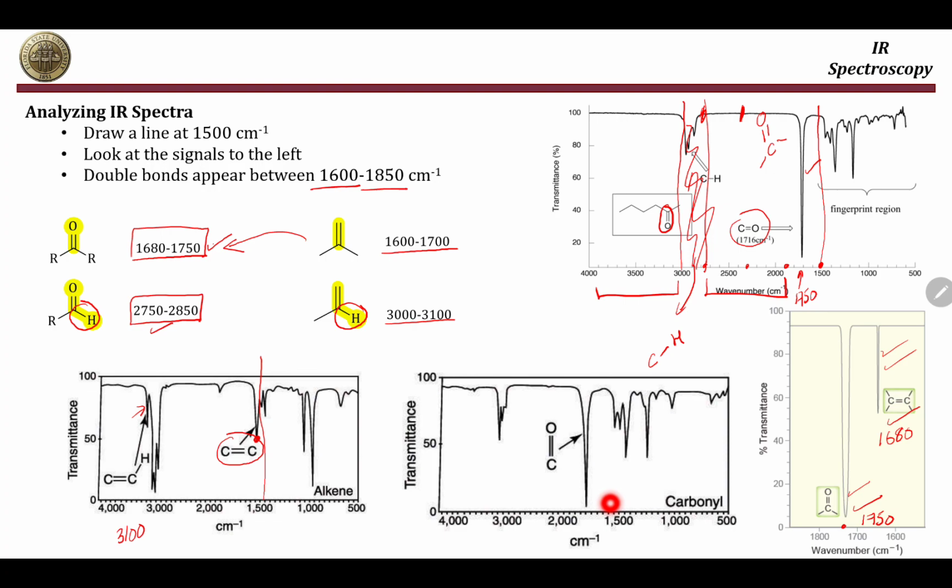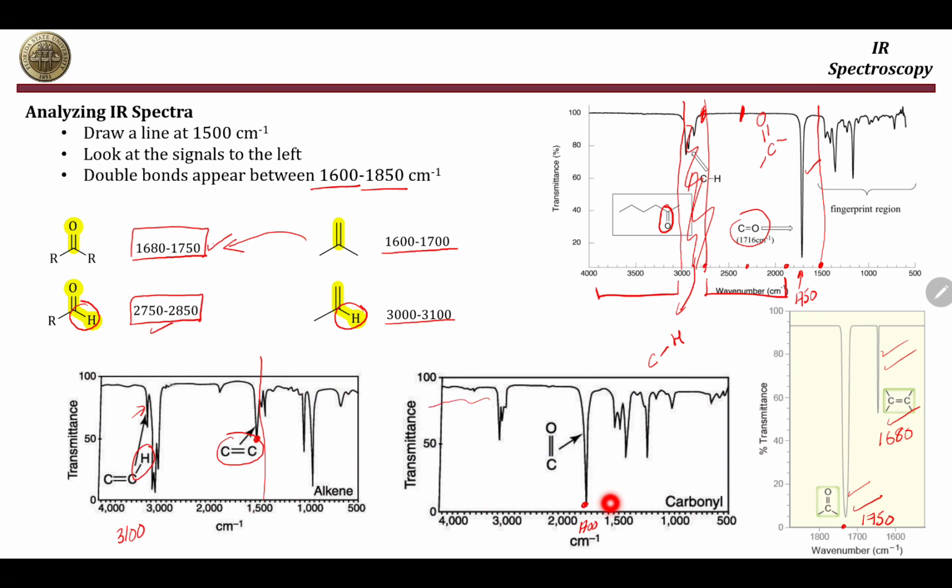If this peak exists, this confirms that you have a carbon-carbon double bond, and then you have a hydrogen at this carbon-carbon double bond. Whereas if we have a compound which has a carbonyl, this compound will have a strong peak with high intensity at around 1700 or 1800, depending on the structure, and there is nothing else here.